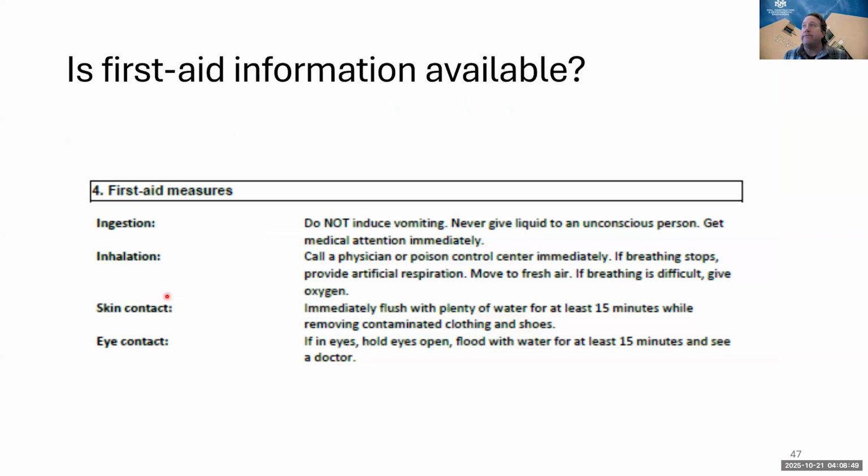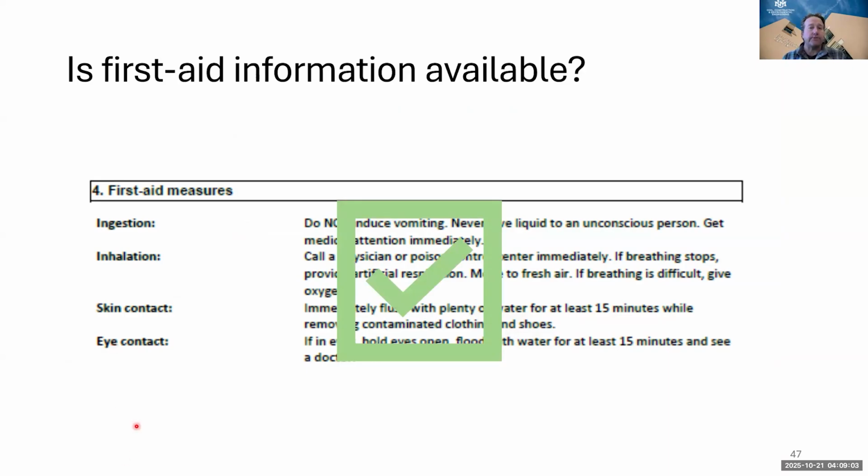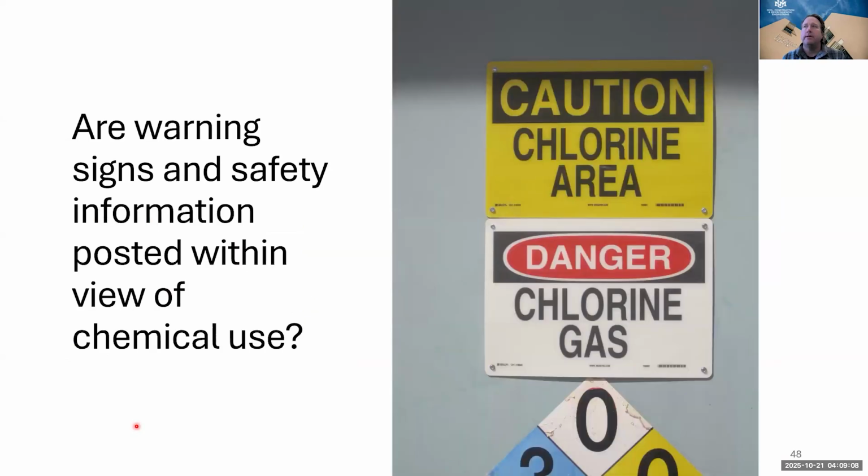Is first aid information available? Do people know how to address any exposures? If that safety data sheet is available, then those first aid measures are definitely available as well, because as we saw, that info is right in the safety data sheet.